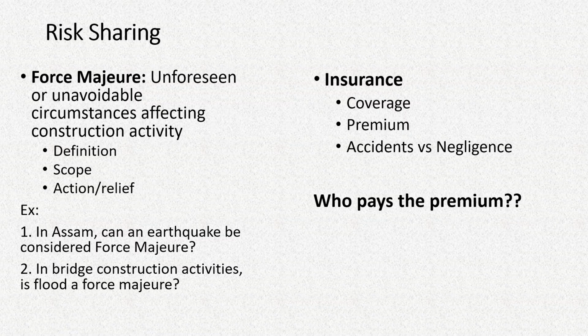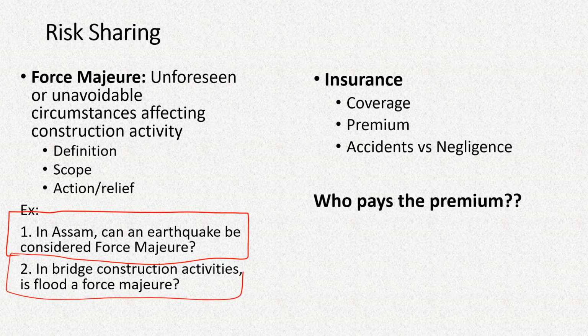For example, the first example here is the flood in case of a place like Assam. If somebody is considering building of a bridge over a river. Now, if the contractor is trying to construct the bridge in the summertime, which is the peak flood time, now can it be considered force majeure?